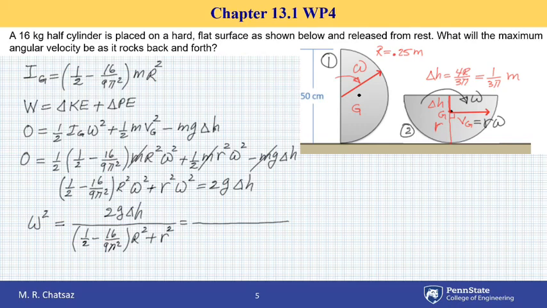Then this gives me 2 times 9.81 times delta H. Delta H, as I have it here, is 1 over 3 pi, or you can use the numerical value, the decimal value, which is approximate. Then in the denominator I have 1/2 minus 16 over 9 pi squared times big R squared, which is 0.25 squared, plus lowercase r squared.